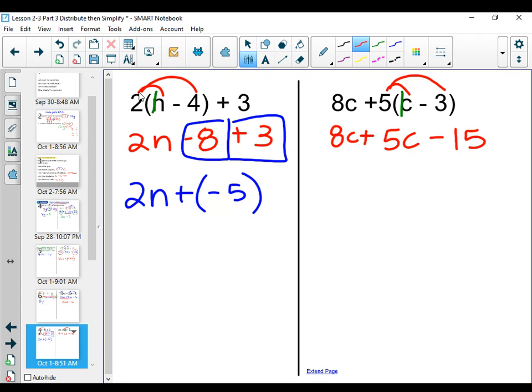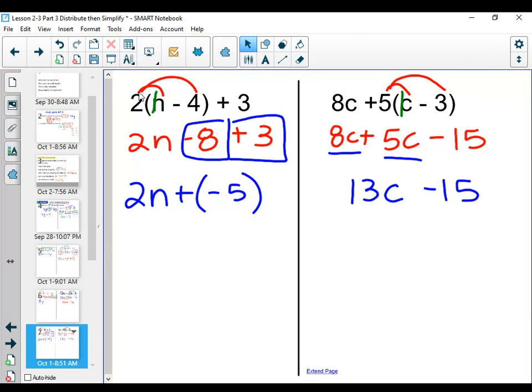Bring down the 8c. 8 cougars can go in the same pen as 5 cougars, leaving me with 13 cougars. Minus 15 can't go there. That's a constant by itself. Last 2.